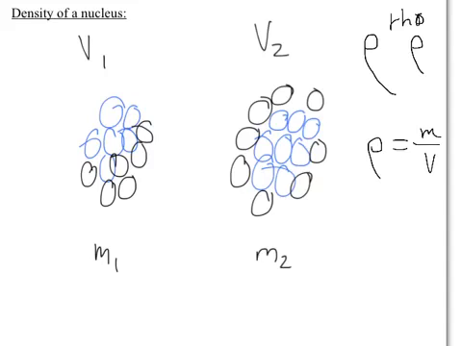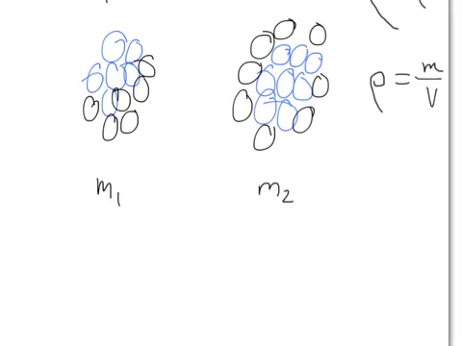That density, and this is going to be an incredible value when I tell you what it is relative to a number you know, is 2.3 times 10 to the 17 kilograms per cubic meter. That is, ready? 230 trillion times more dense than water.